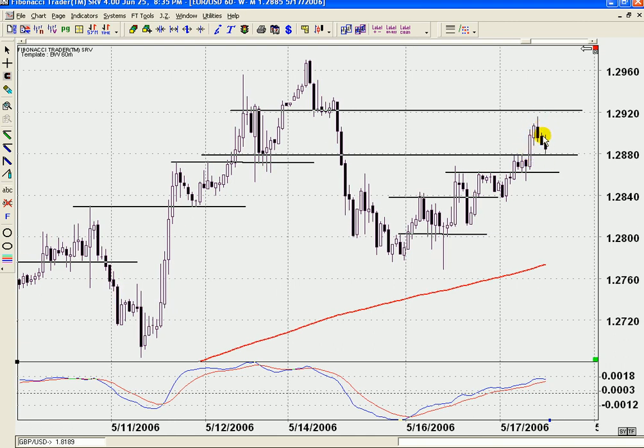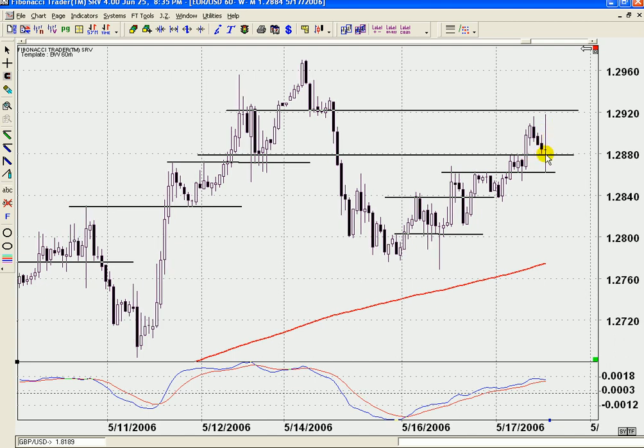Price rallies above, comes back, tests the last level of support. We see price whiplash. It spikes up to 29.20 and rejects. Now it looks as though we are going lower. If price starts to trade below 28.80, then we are moving lower indeed.